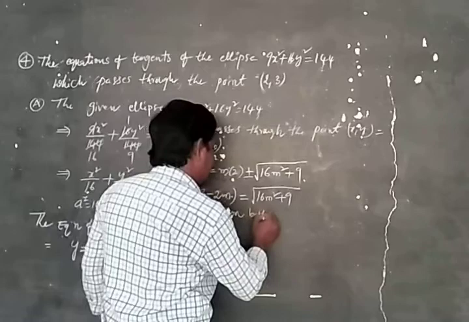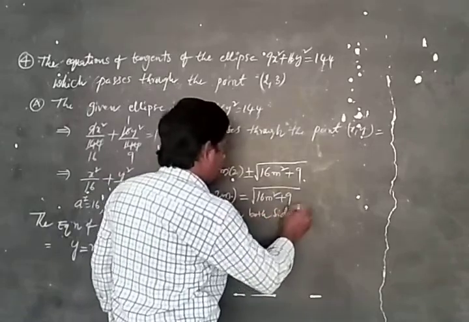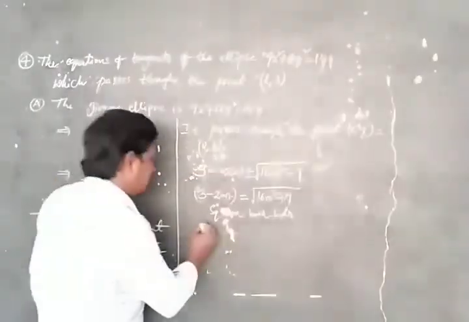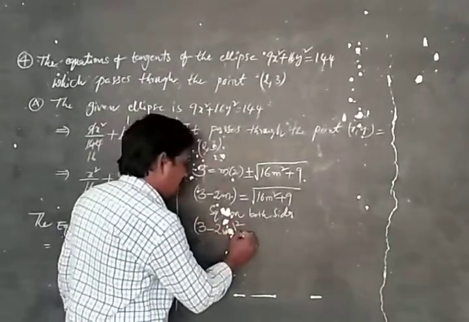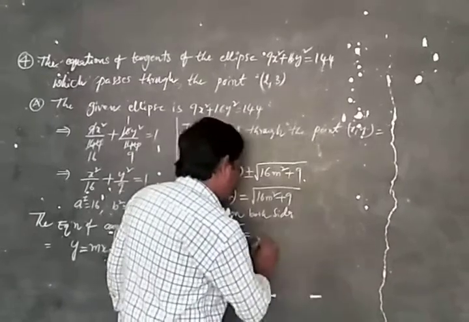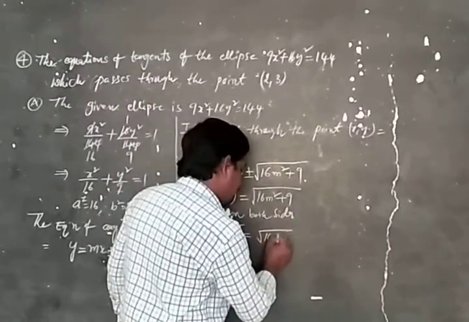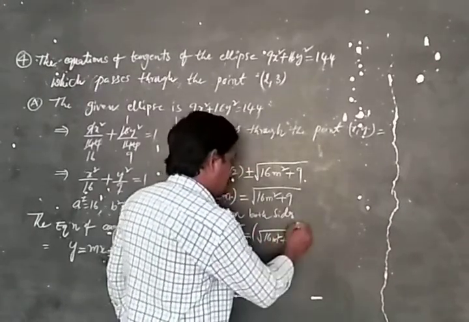Squaring on both sides: 3 minus 2m whole square equal to root of 16m square plus 9 whole square.